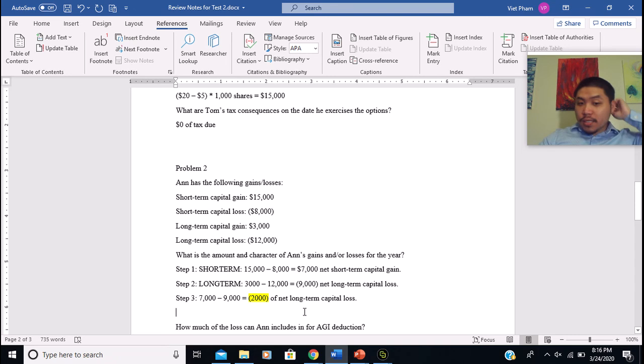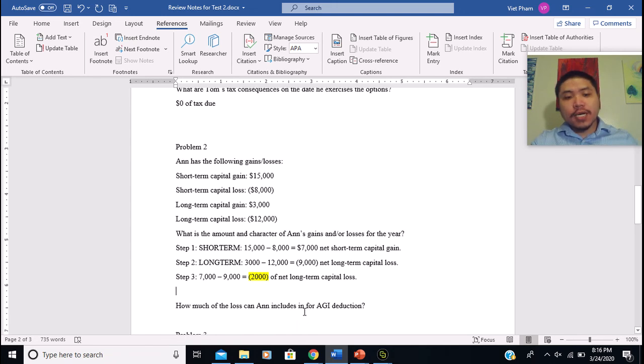Because this is a loss, it doesn't matter if it is long-term or short-term. The person can deduct this amount anyway as a for AGI deduction. But remember, the cap for capital loss under the for AGI deduction is $3,000.